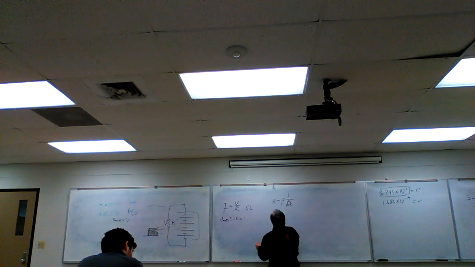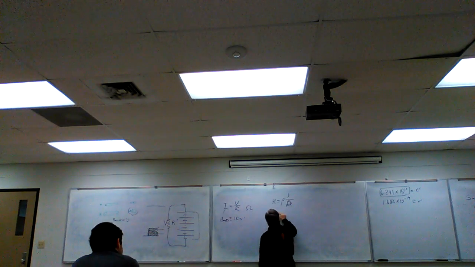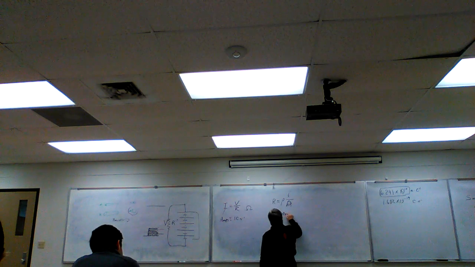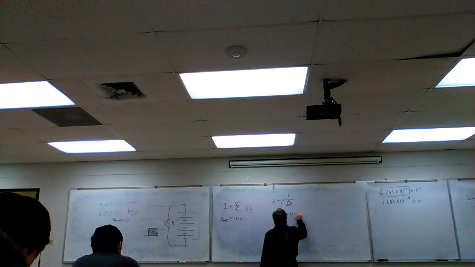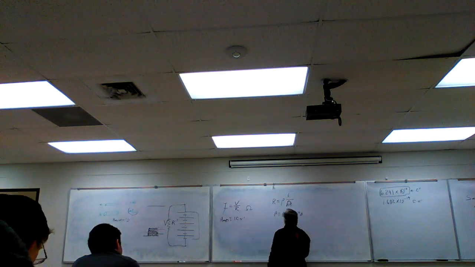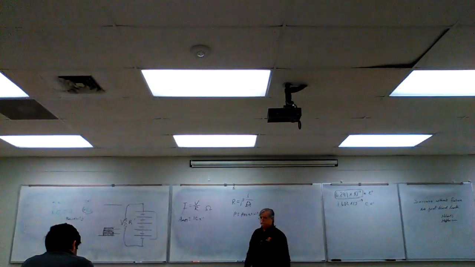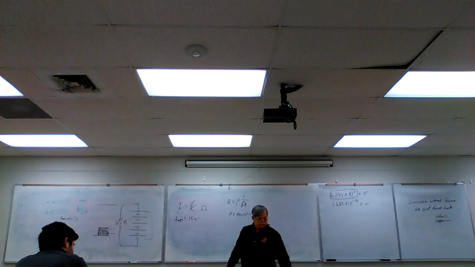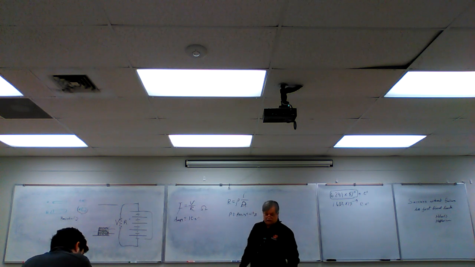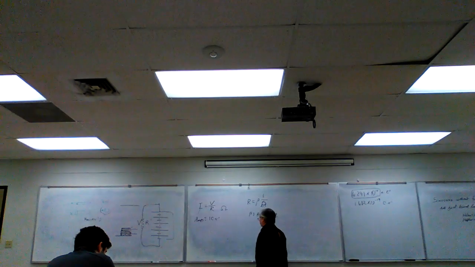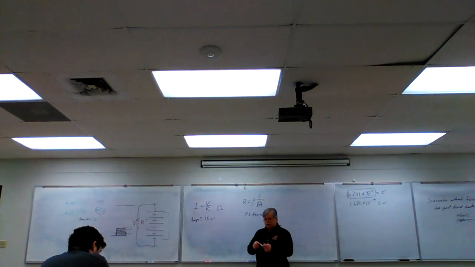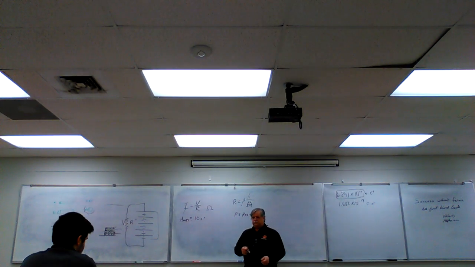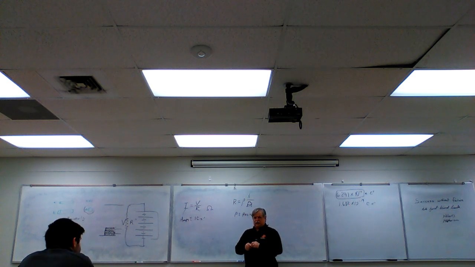Rho is the resistivity. Yeah, see, on the same page, 508, table 18.1, it gives you all the resistivities for all these different materials. What do you notice about that?